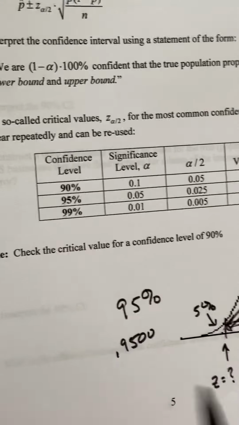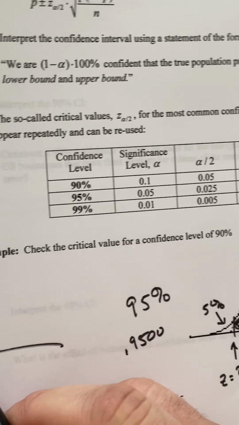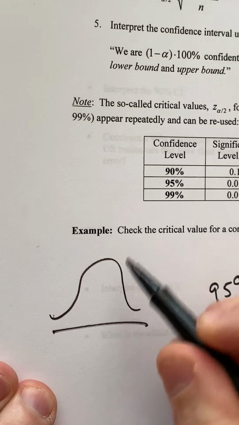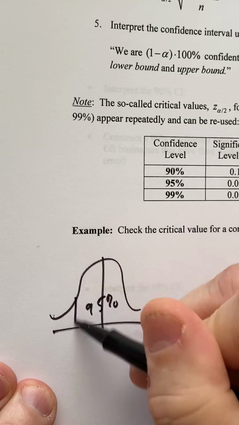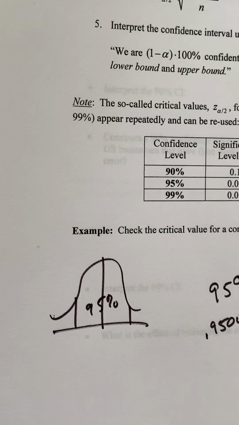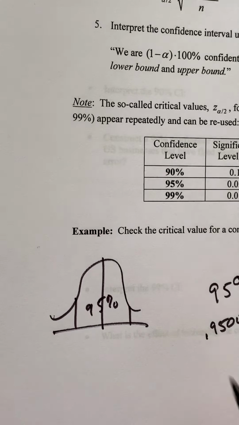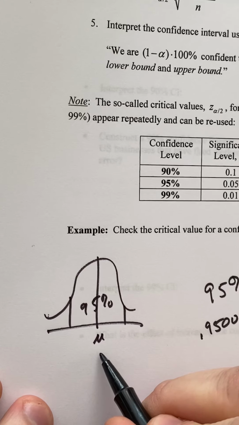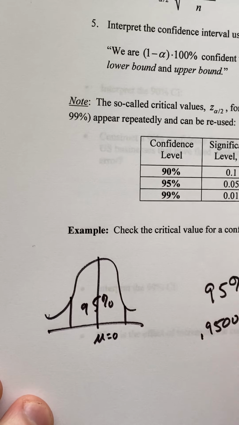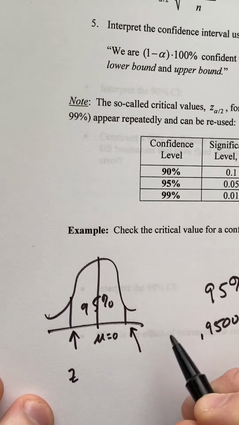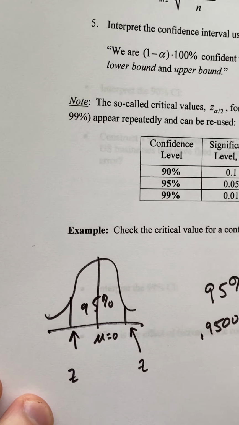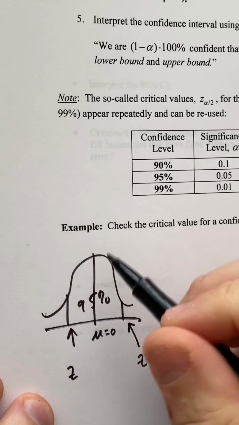Let's do the other one real quick. Let's do 95%. On this particular one, we want 95% of the area to surround that average, that mu value of 0. We want to find these z-values, these critical values. How do we find that?